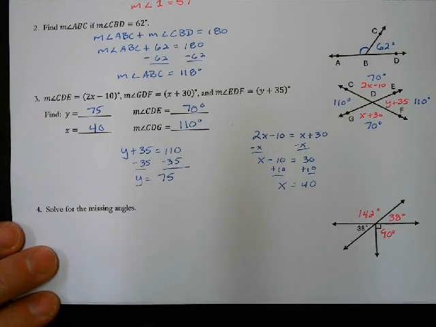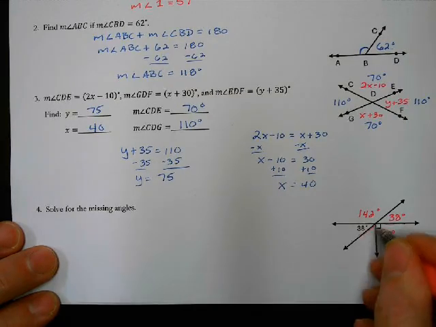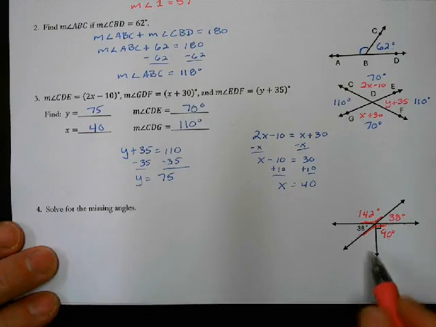Or I could look at this angle and this angle. Those would be vertical angles. So I know that these two angles together have to add up to 142 degrees. So I can say this is 52 degrees.